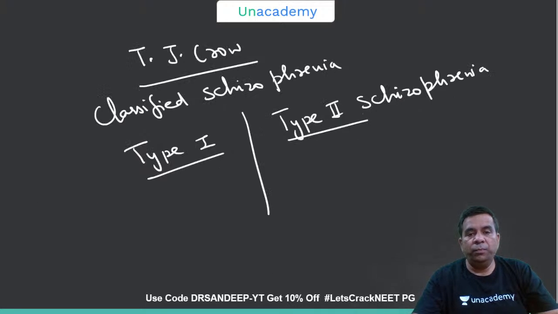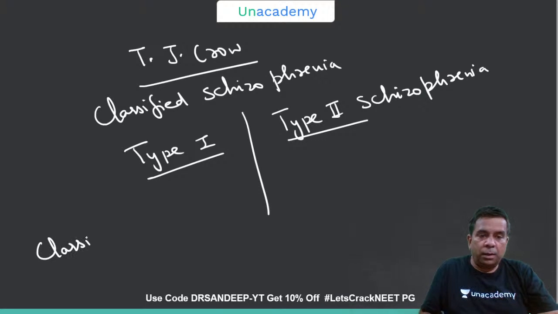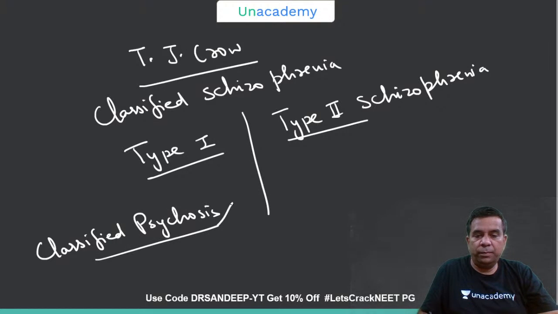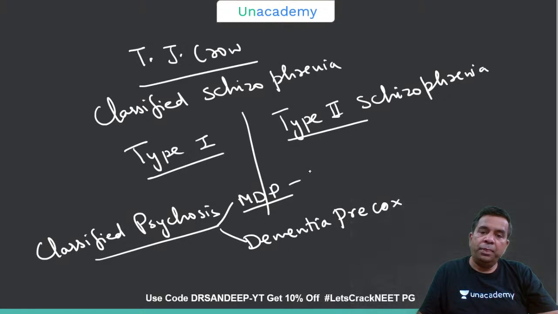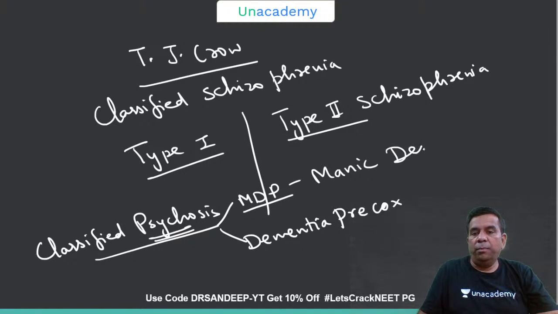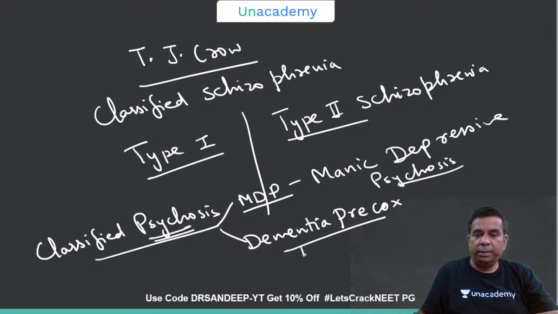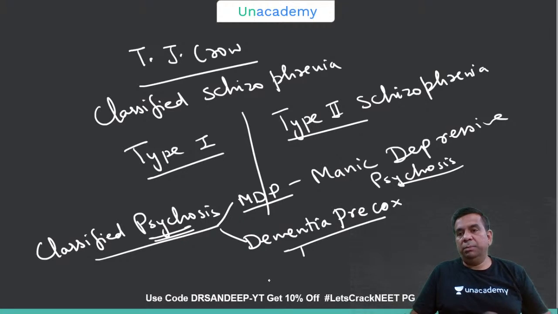Kraepelin is a man who first of all classified psychosis into manic depressive psychosis, which is episodic, and dementia praecox, a chronic illness with dementia coming early.